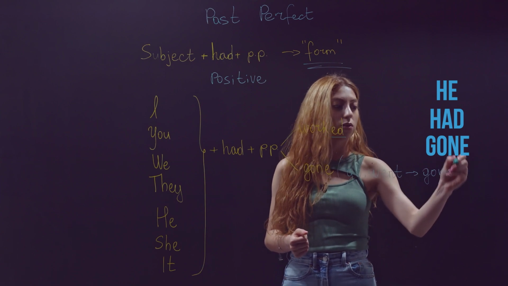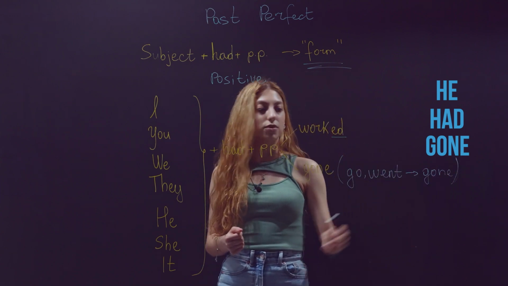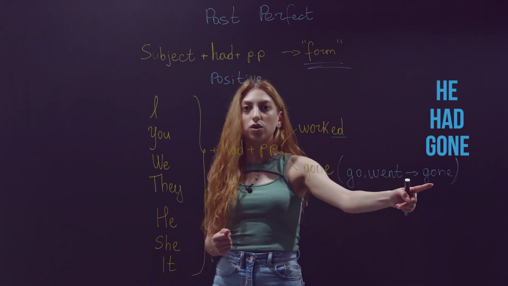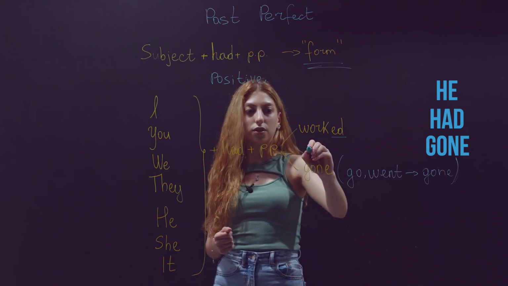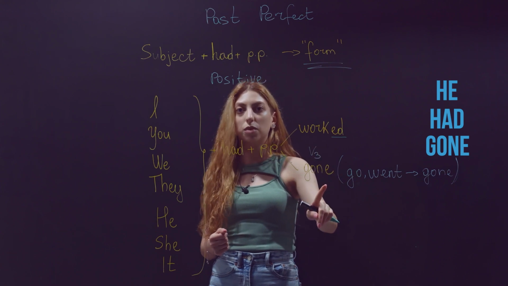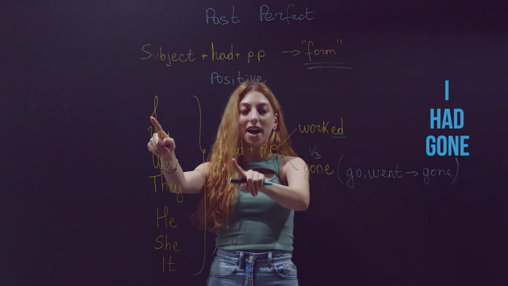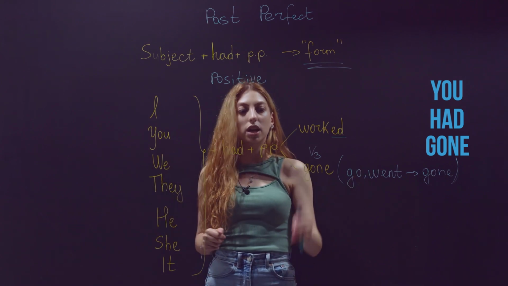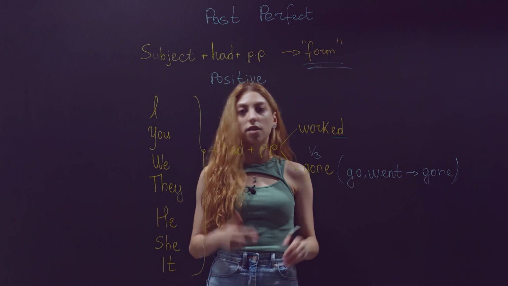So the third form of the verb go is gone, and we put gone here, the third form of the verb. I had gone, you had gone, and like this. Let's have another example, for example, be.